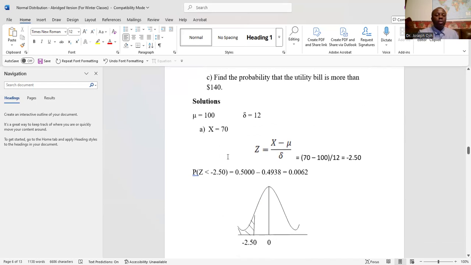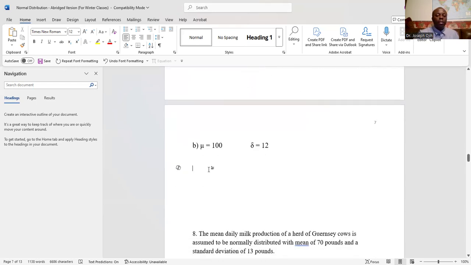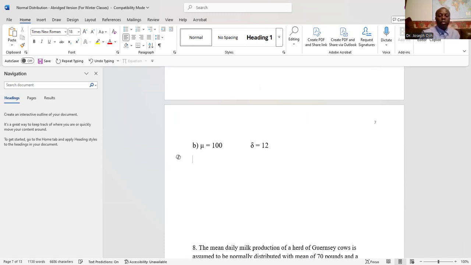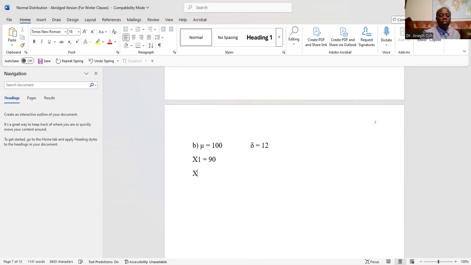So we have x1 equals 90 and x2 equals 120.